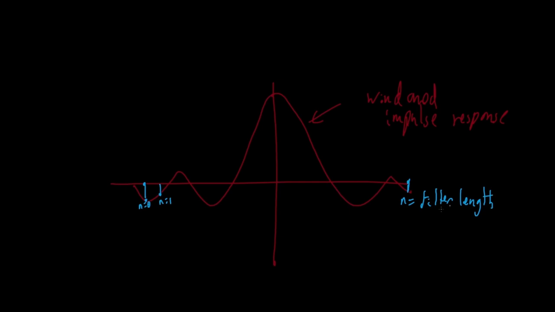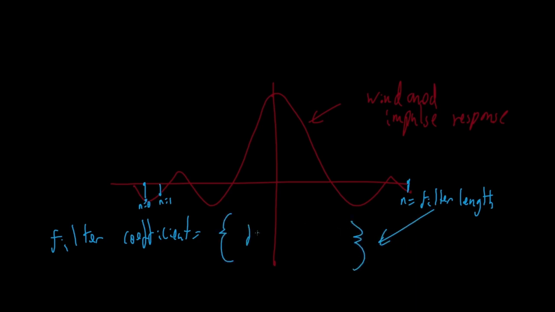So the size of our array equals the filter coefficient array length, the filter length. The larger your filter length, the larger your filter coefficients array is.